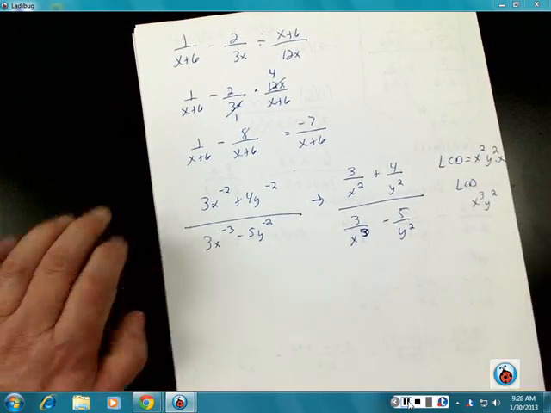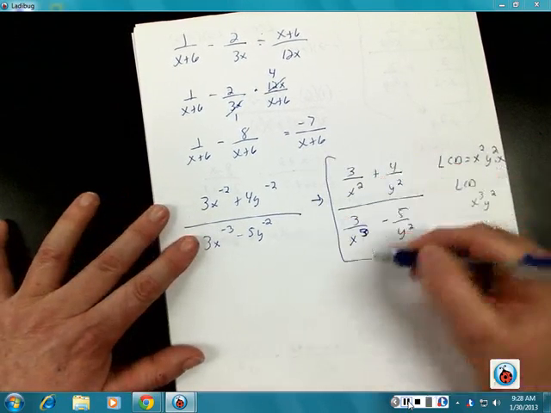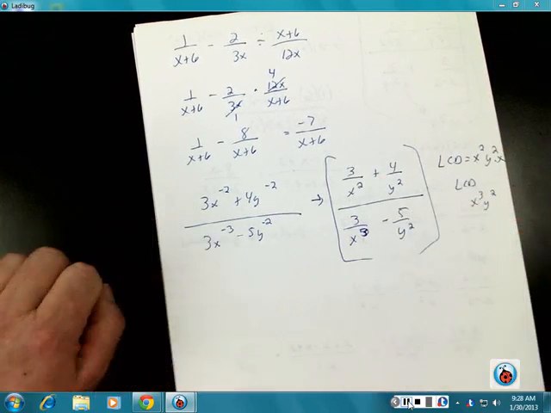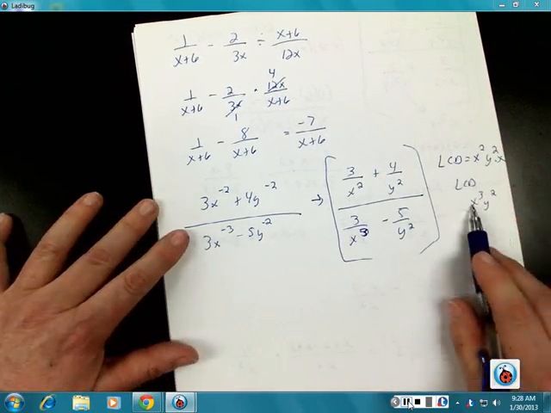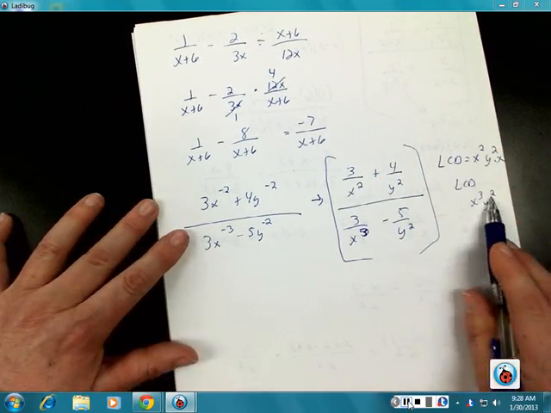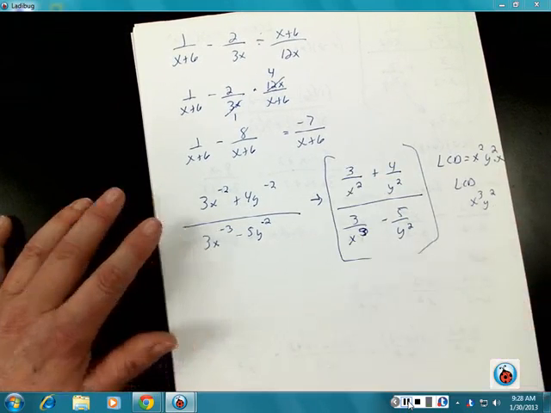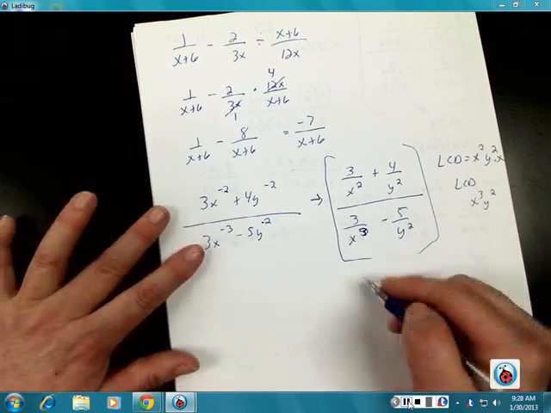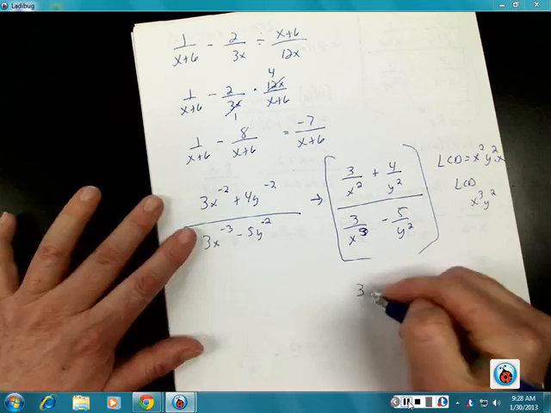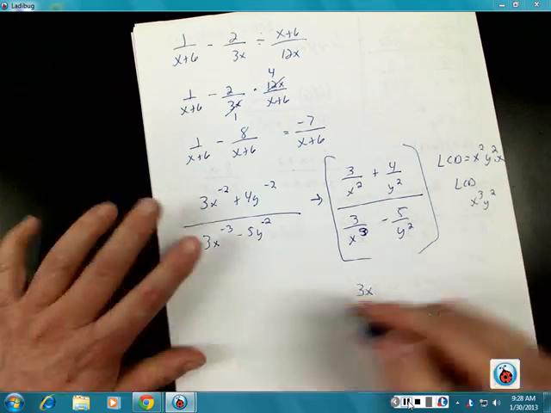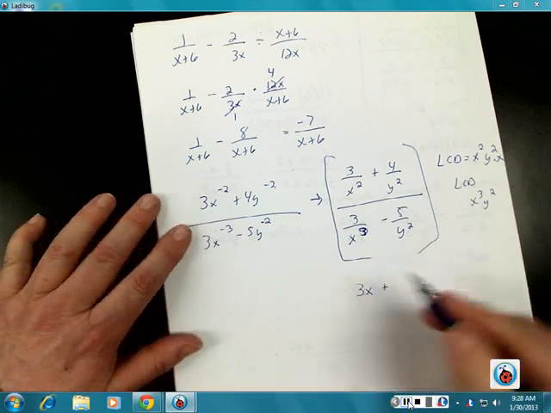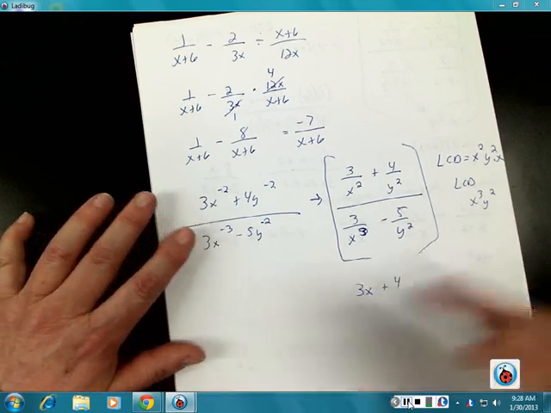Okay? So, if I take this whole thing and multiply it by x cubed y squared, what does 3 get multiplied by? Just an x? Perfect. What does 4? Oh, and a y squared, thank you.